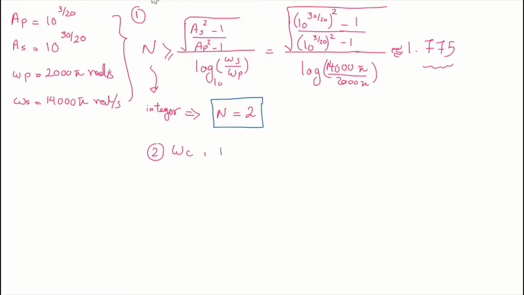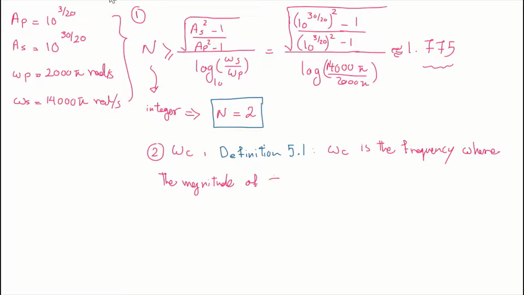If you check definition 5.1, the first definition in chapter 5, it says the cutoff frequency is the frequency where the magnitude of the filter frequency response is reduced to minus 3 dB.